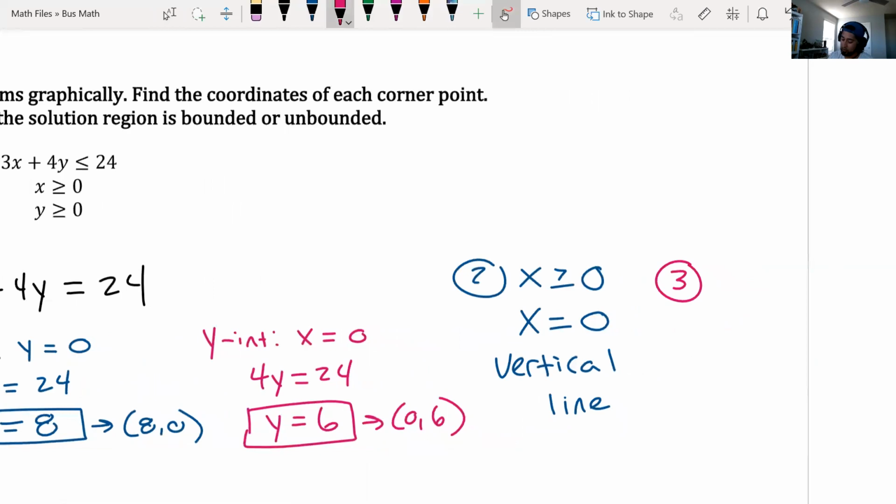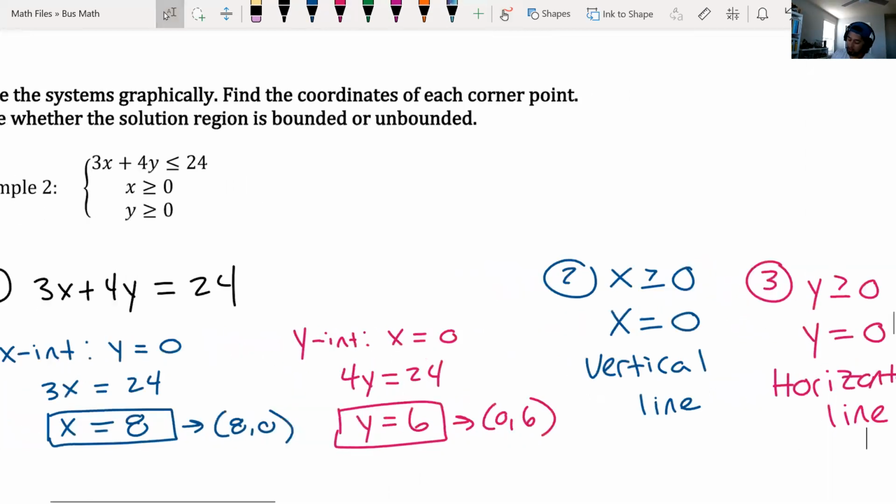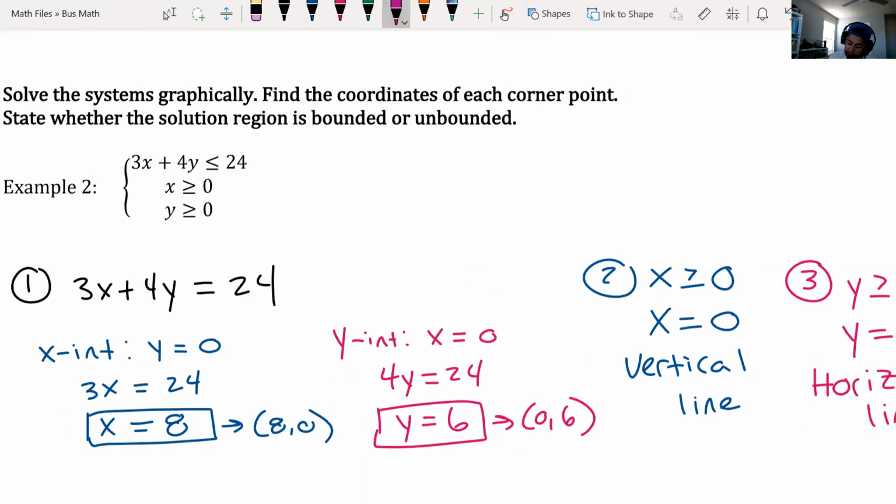Equation 3, y greater than 0. This is the same as y equal to 0, which is a horizontal line. And now, what can be said for all of these restrictions is that all of these lines will be solid. Solid. Good.